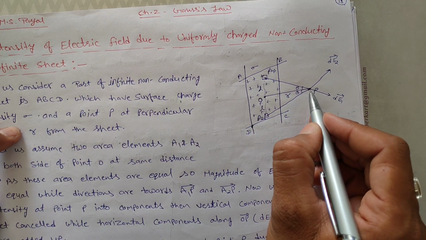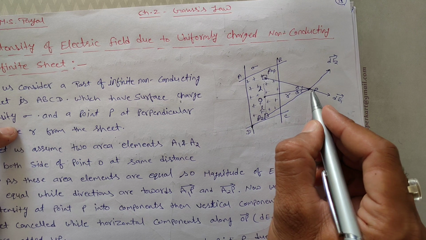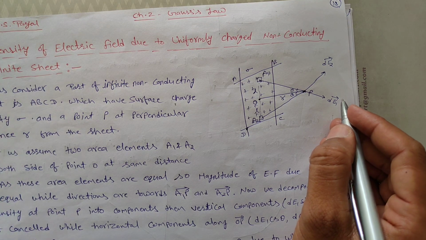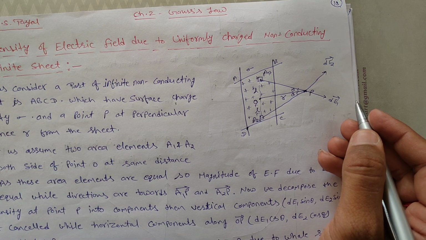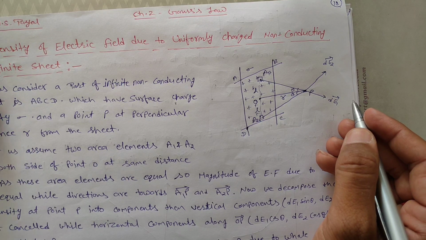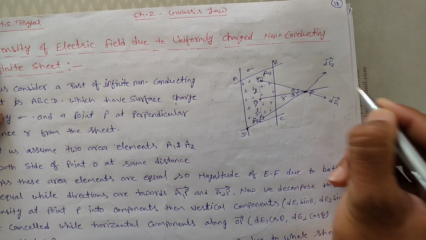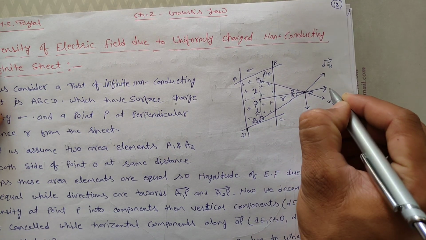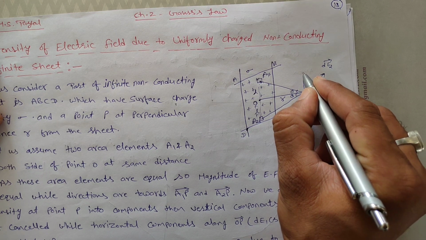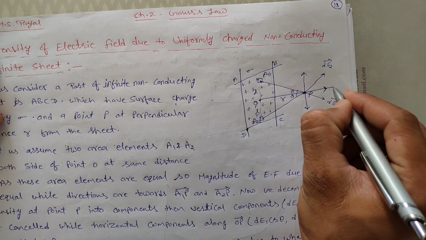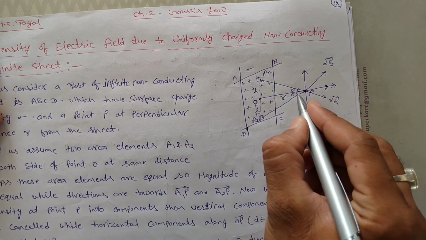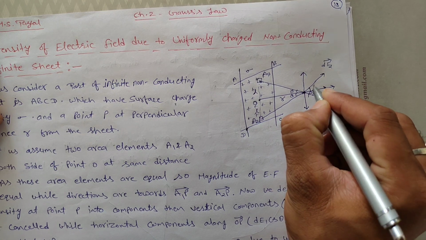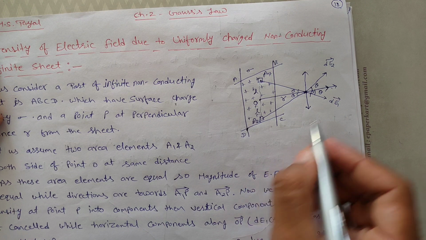To find the resultant direction of the electric field at point P, we decompose the electric field intensity into components. For DE1, one component in this direction and another in this direction, and for DE2, a vertical component and this horizontal component. By these intersecting lines, this angle is theta and this angle is also theta.